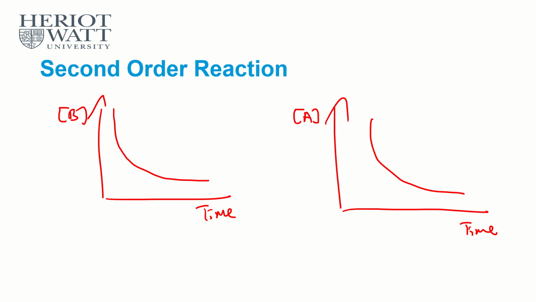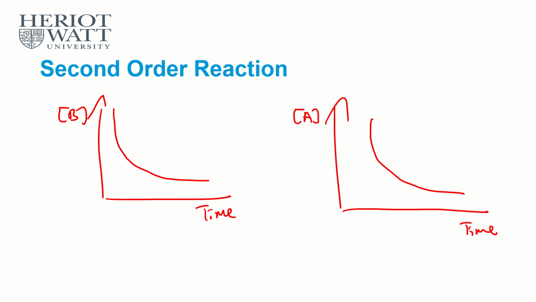So can you tell whether it's first order, second order or zero order? The answer is it is definitely not zero order, because zero order is supposed to be a straight line with negative gradient, linear. So they show a curve, so it's either first or second. Makes sense? But then how do we know which one is first and which one is second? It can be both first, it can be both second, right? So we use half-life.